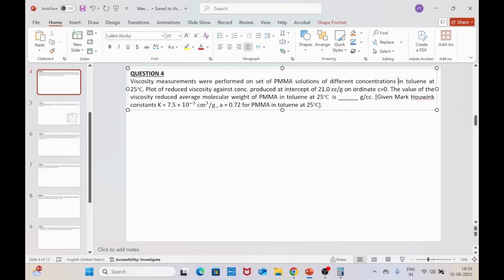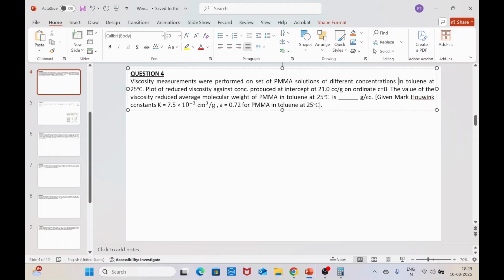The value of the viscosity average molecular weight in toluene at 25 degrees Celsius is? The given data are the Mark-Houwink constants K and a: K is 7.5 into 10 power minus 3 cubic centimeter per gram, and a is 0.72 for PMMA in toluene at 25 degrees Celsius.